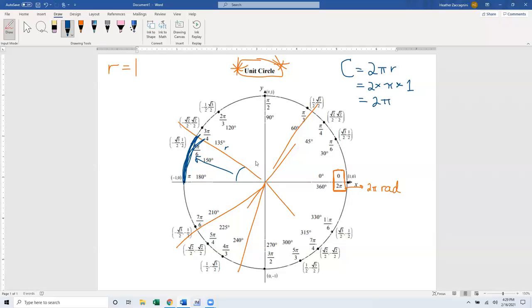So radians are based on the radius of 1, and this is telling us the translation from the center of the circle out to the outside of the circle.